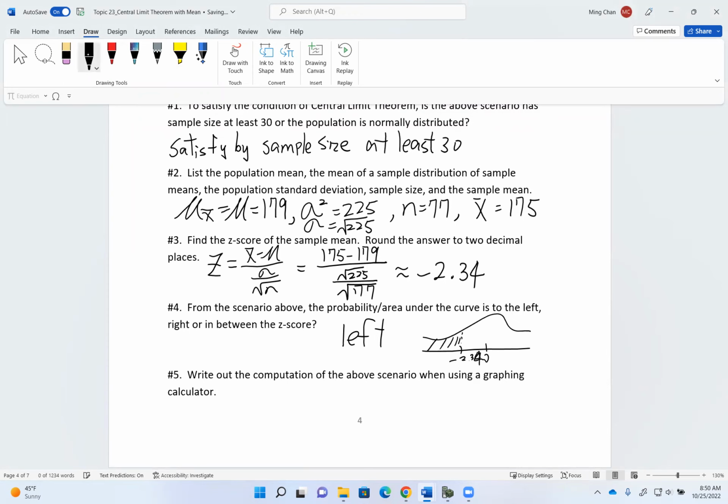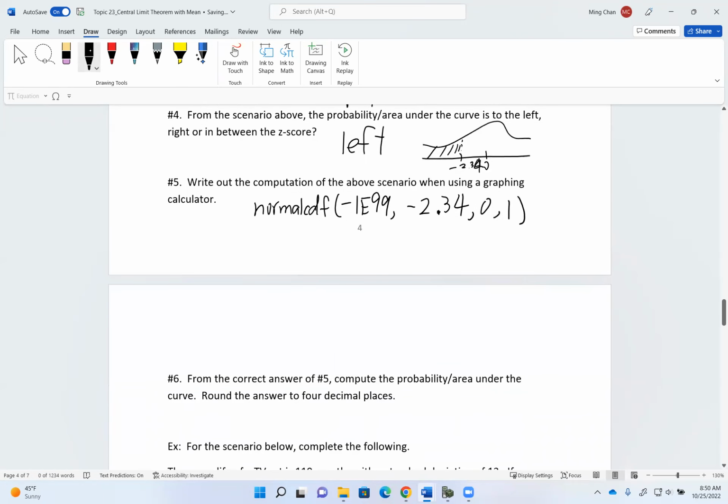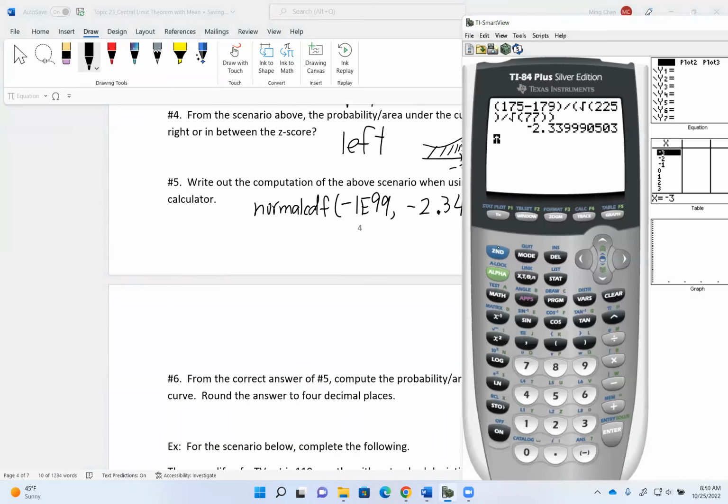So my left bound has to be negative infinity, normal CDF. Negative 1E99, comma, upper bound is negative 2.34, comma, 0, comma, 1. All right, let me put it in the calculator.